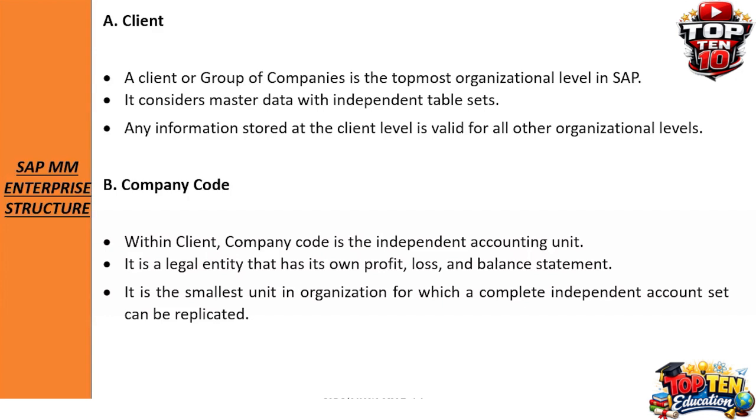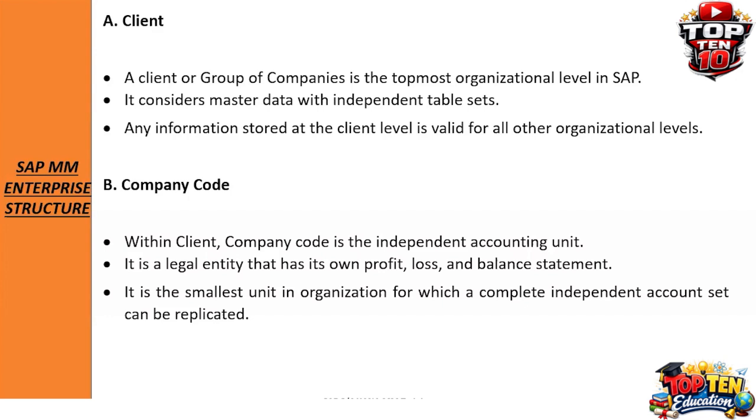We call those company codes independent accounting units because company code A1, company code A2, company code A3, legally, they are carrying out their own balance sheets and their own profit and loss statements. If company code A1 is carrying out its balance statement independently, then so are A2 and A3.